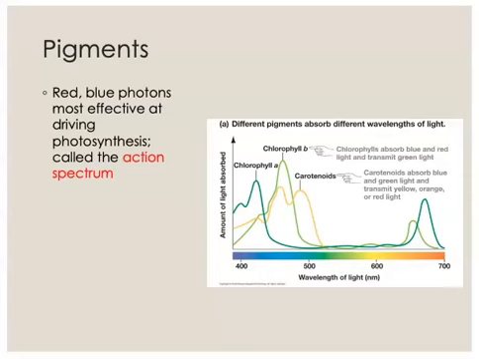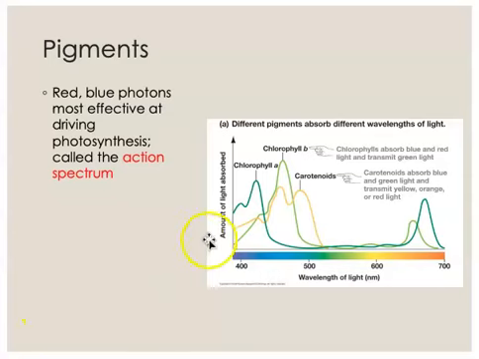Take a look at the graph on the right side of this slide. On the x-axis, you can see the wavelength of light in nanometers, and it ranges from 400 to 700, again from the violet to blue range up into the red range. On the y-axis, we have the amount of light that's being absorbed, and there are multiple pigments shown on the graph.